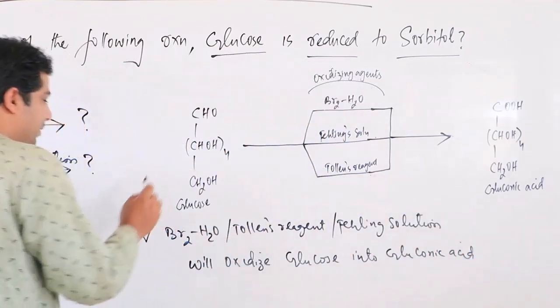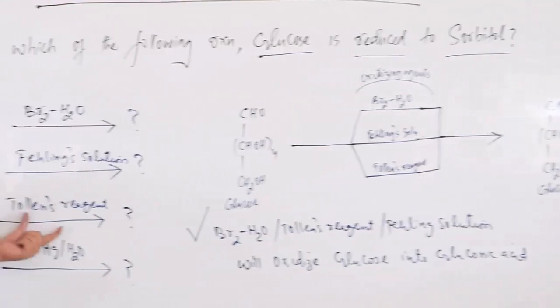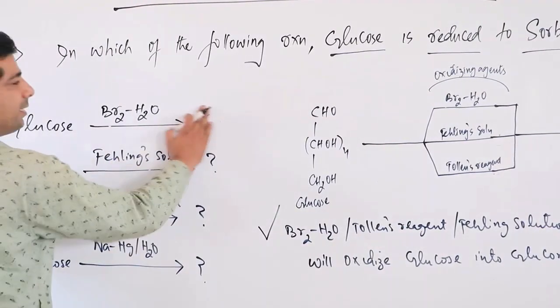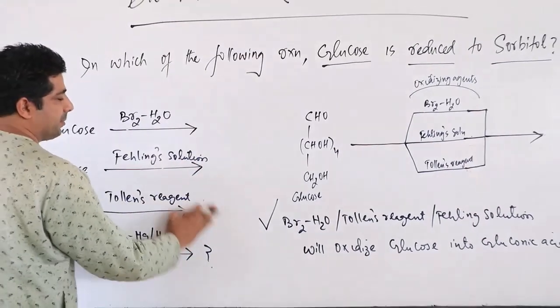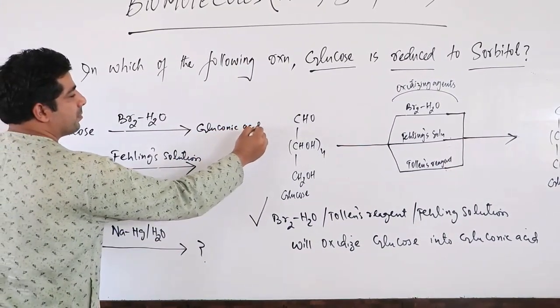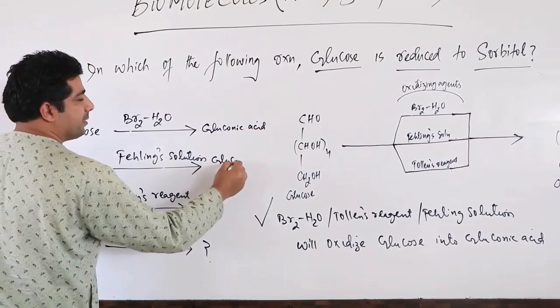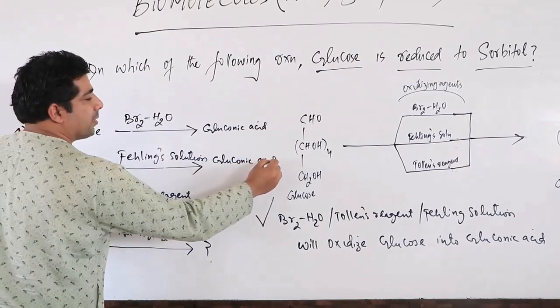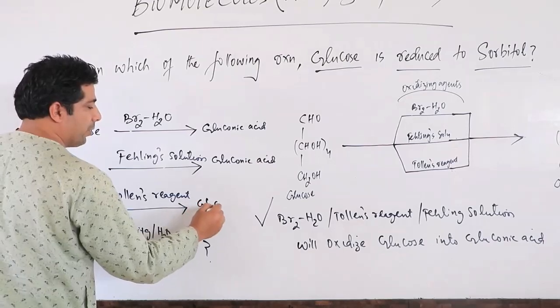So my dear friends, in all the three cases here we will get gluconic acid. So I will write down here, I will be getting here gluconic acid, here also gluconic acid, and here also gluconic acid.